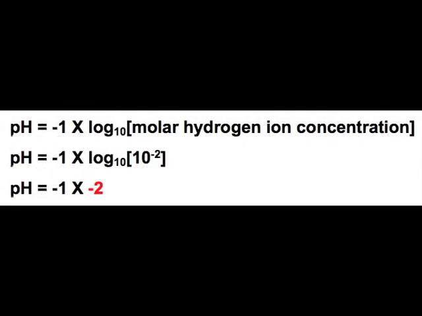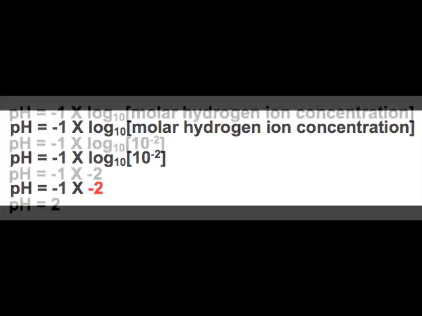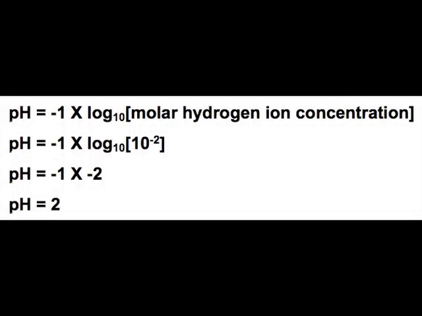The log of the number 10 to the minus 2 is minus 2. And if you can't remember about logs, just take my word for it for now. And finally, minus 1 times minus 2 equals the number 2. Thus, our solution with a concentration of 10 to the minus 2 hydrogen ions has a pH of 2.